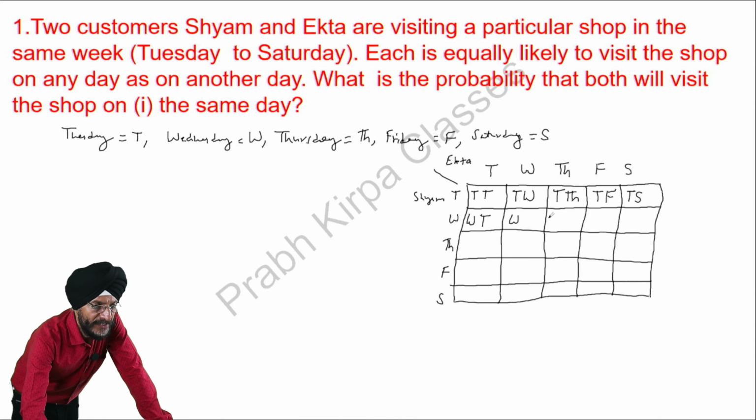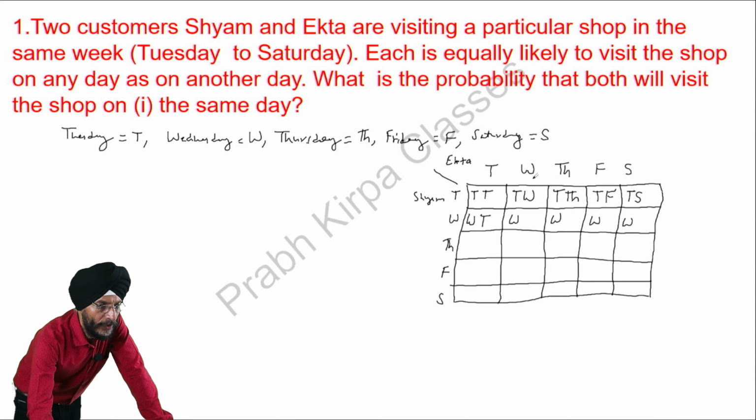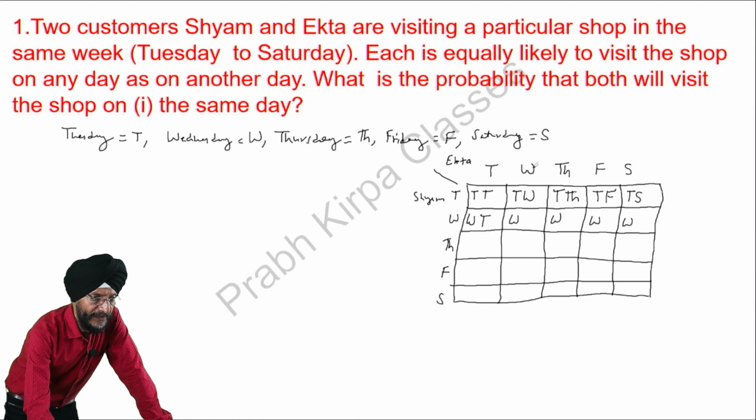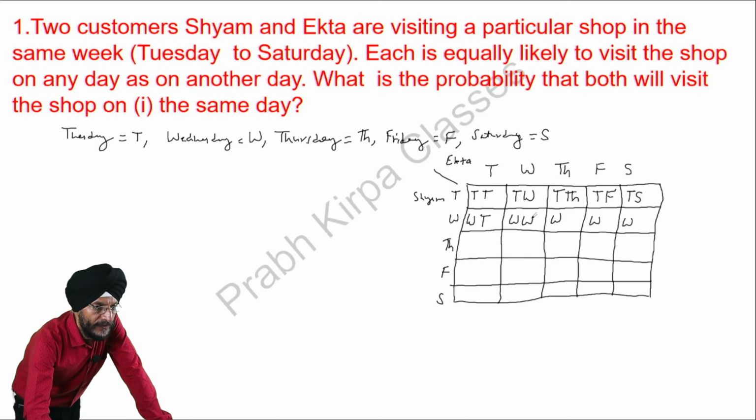First we will write Wednesday, and it will be followed by the day which is written above the columns. Here we will write W. That is, if Shyam visits on Wednesday, it may be possible that Ekta may visit on Thursday. If Shyam visits on Wednesday, Ekta may visit on Friday. In the same way, here we will write Wednesday, Saturday.